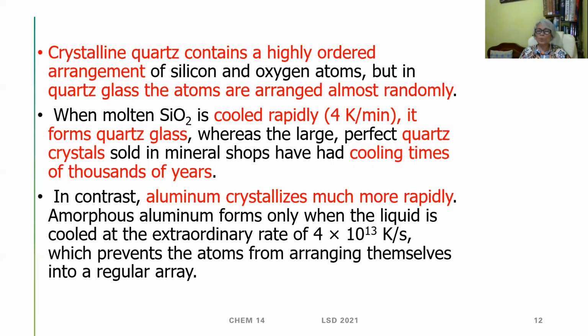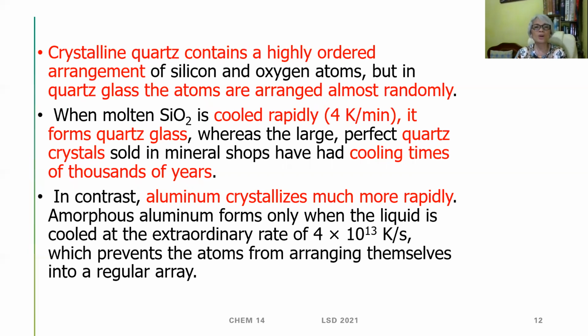Now, when molten SiO2 is cooled rapidly, it forms quartz glass, and glass is amorphous. Whereas the large perfect quartz crystals sold in mineral shops have had cooling times of thousands of years. Because they are mined, thousands of years were spent cooling, which is why they became crystals.